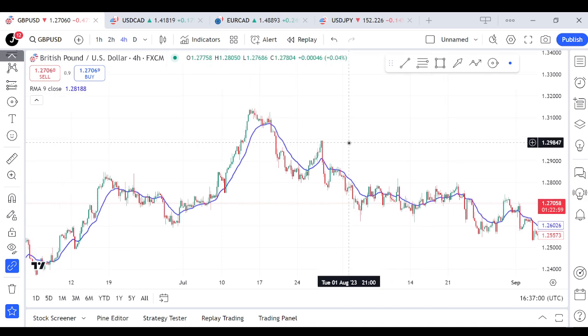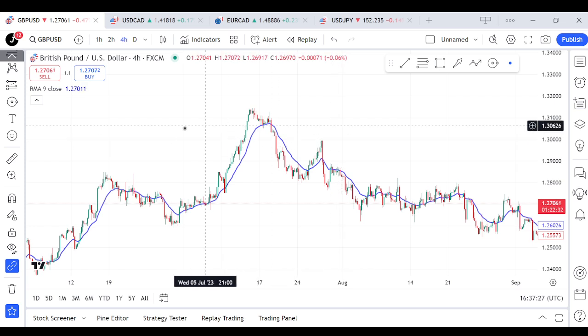First, we'll look at what a rolling moving average is. A rolling moving average is a technical indicator that calculates the average price of an asset over a specific period. It continuously updates as new price data becomes available. Unlike simple moving averages, which give equal weight to all data points, rolling moving averages place more emphasis on recent price action.